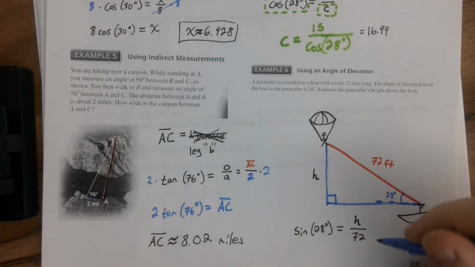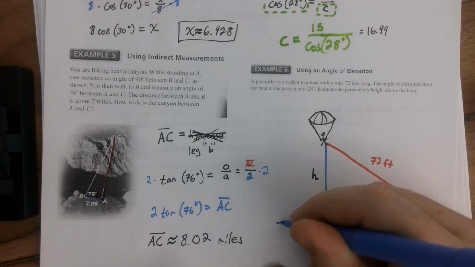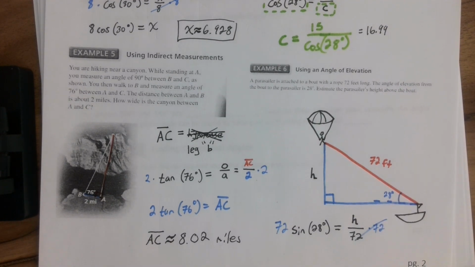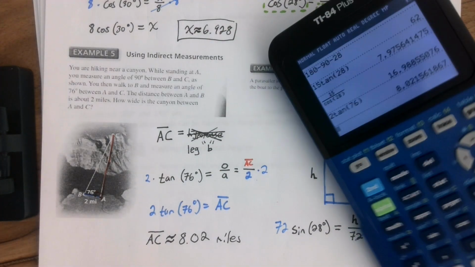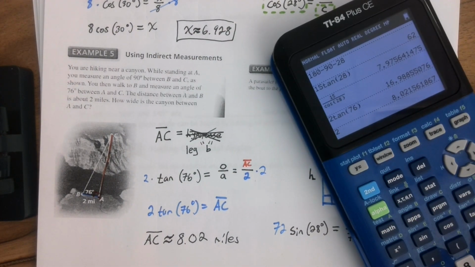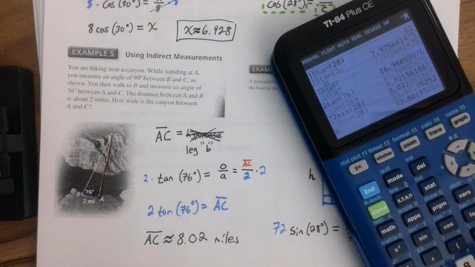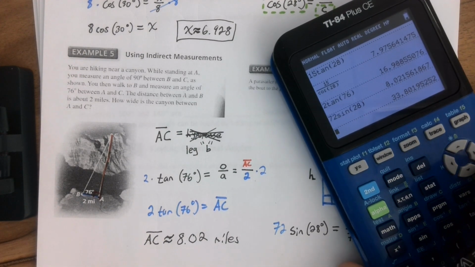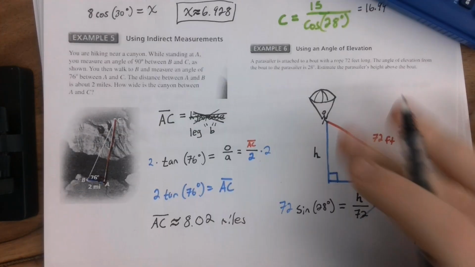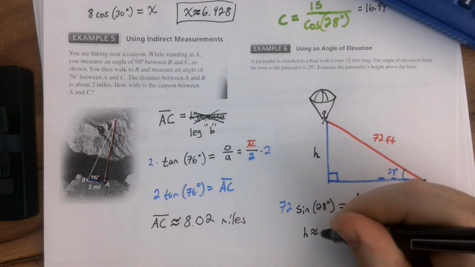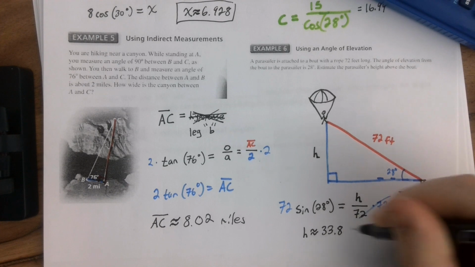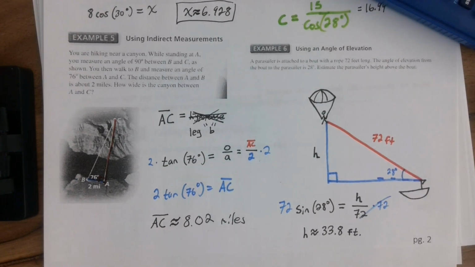That means that if I multiplied by 72 on both sides, 72 sine of 28 degrees is going to be our height. Once again, we bust out the trusty calculator. Oops. 72 sine of 28 is 33.80. So the height is around 33.8 feet. Done.